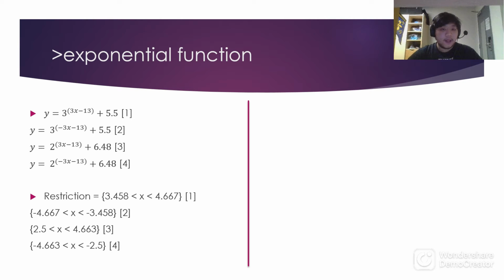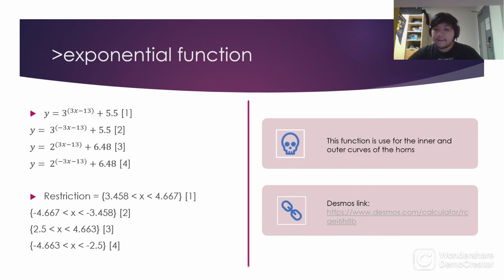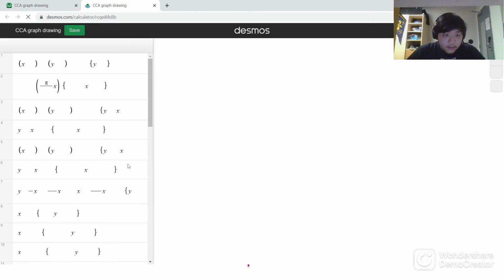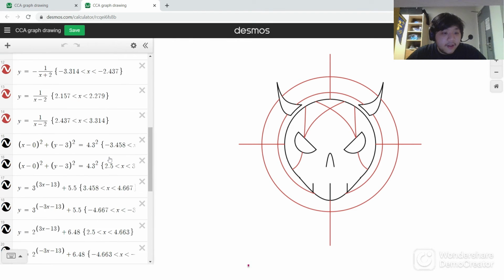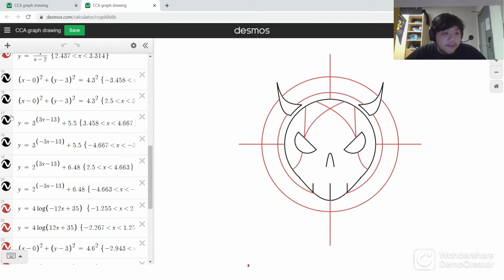I use the exponential functions from number 1 to number 4 to draw out the inner and the outer curve of the horns that you see on the logo. Following back from the link that is provided again, the exponential functions can be found at equation number 17 to equation number 20.